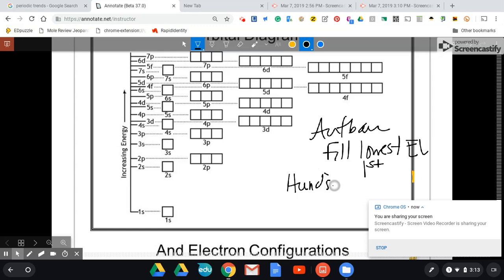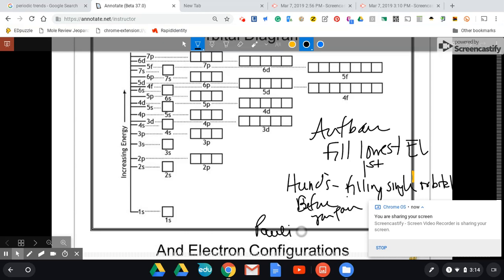Hund's rule states that you've got to fill single orbitals before you pair. And then Pauli's rule was that you have to have opposite electrons, meaning opposite spins, okay?